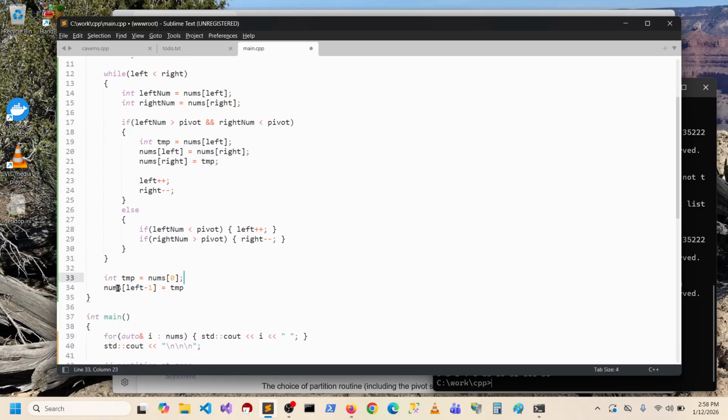And then nums left minus 1 equals temp. No, it should be temp equals left minus 1.